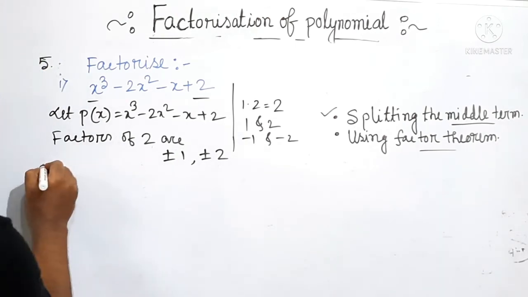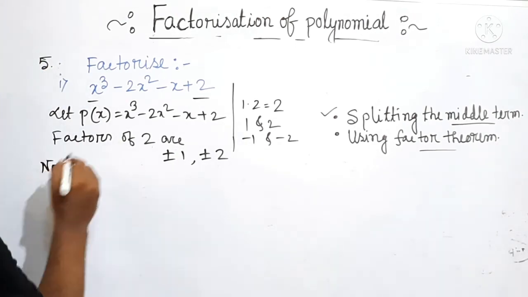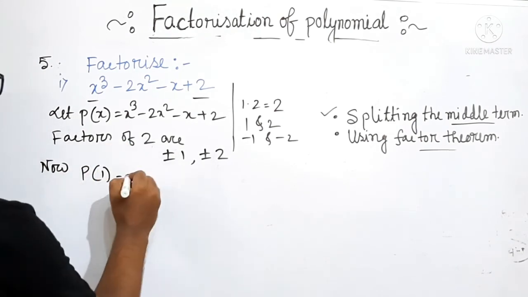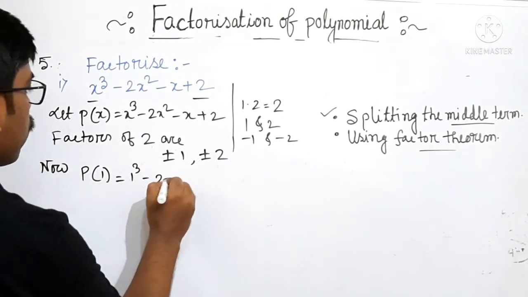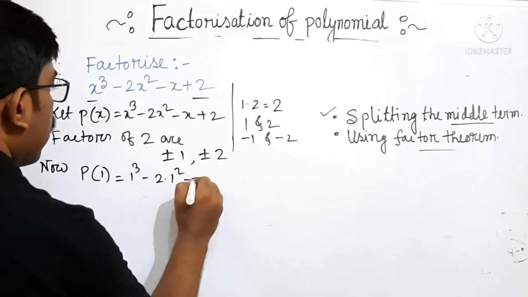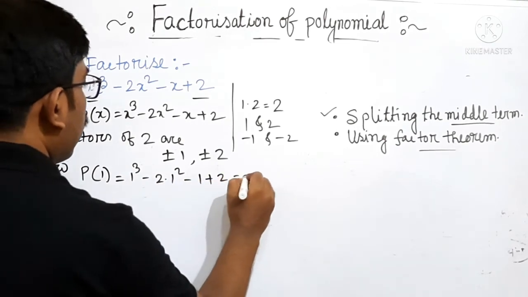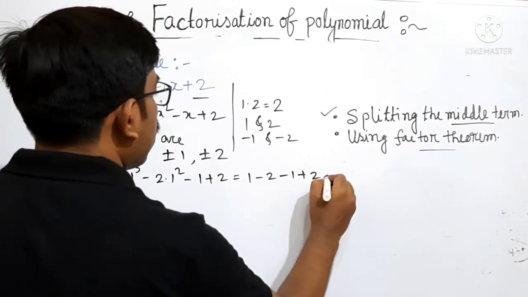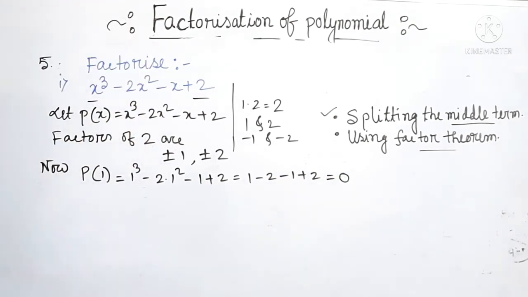Okay. Now we will find P of 1, and it will be 1 cube minus 2 into 1 square minus 1 plus 2. It will be 1 minus 2 minus 1 plus 2, and it will be 0.